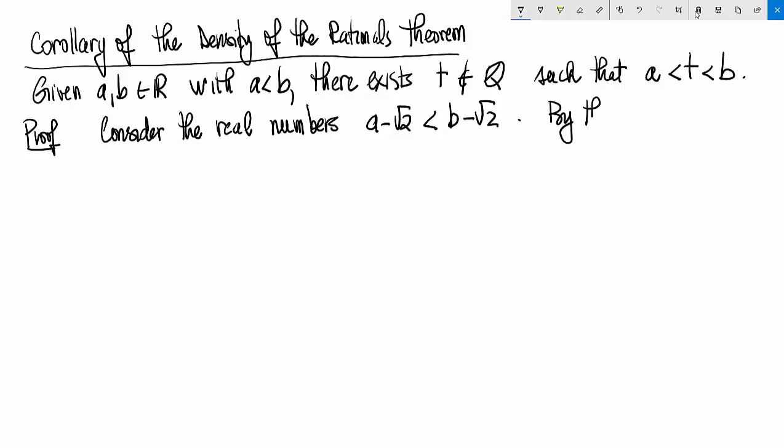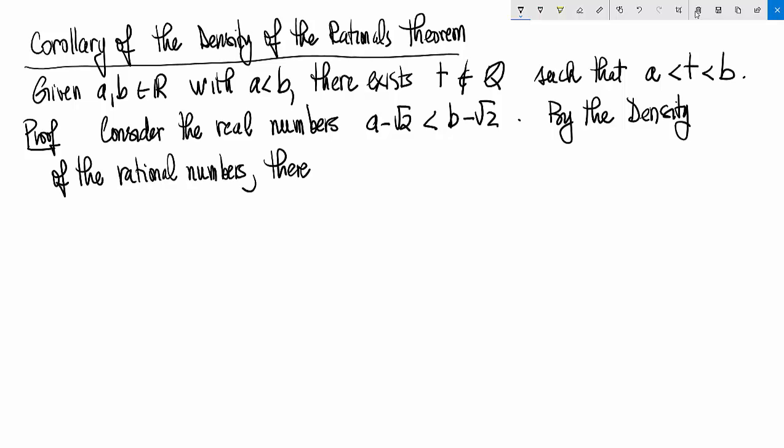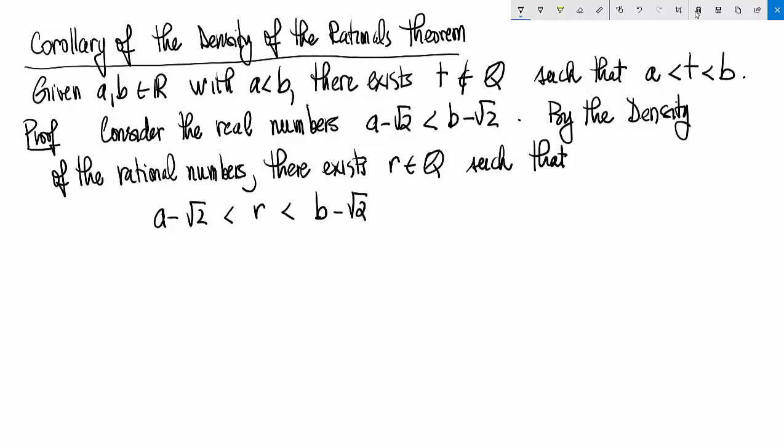Then by the density of the rational numbers, there exists a rational number R such that A minus square root of 2 is less than R, which is less than B minus square root of 2.